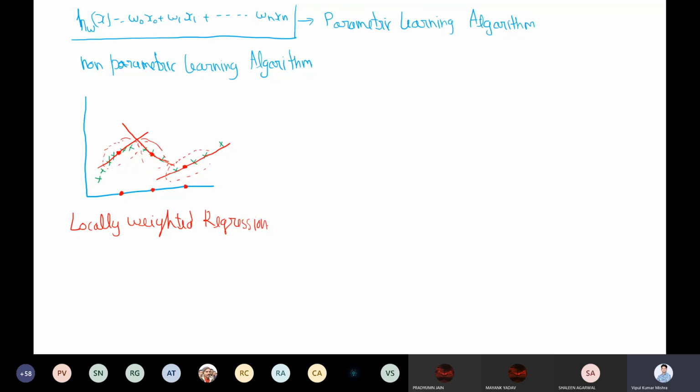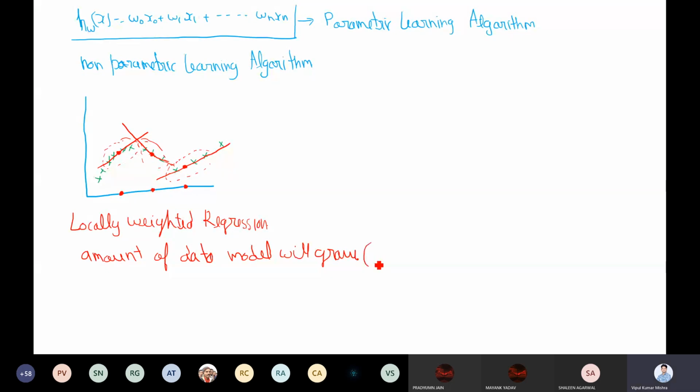Now one challenge here: suppose instead of here we have just a few data points, as the amount of data is increased, your model will also grow, right?